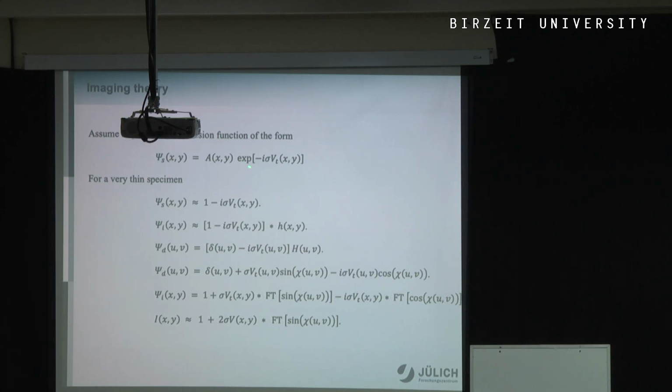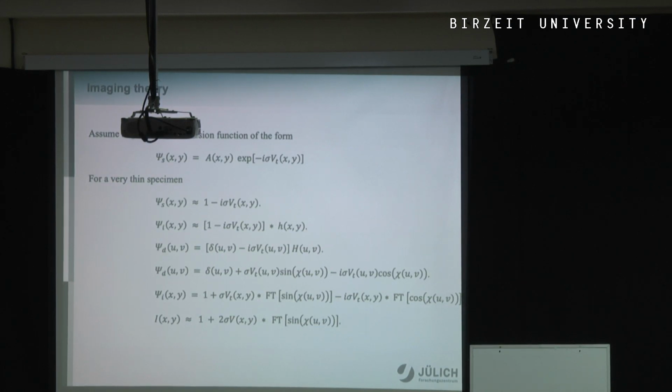So there's an interaction constant times a projected potential inside e to the minus i times a phase shift. If you have a very thin sample, then this term inside the exponential is small, and you can expand the exponential to its first term.